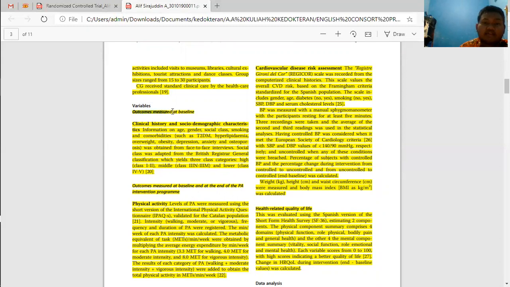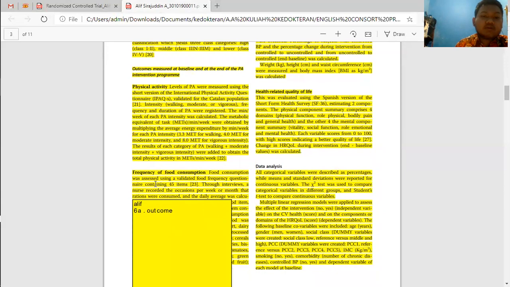And then it's the outcome, 6A. So the outcome is the completely pre-specified primary and secondary outcomes, including how and when they were assessed. So it's 6A.